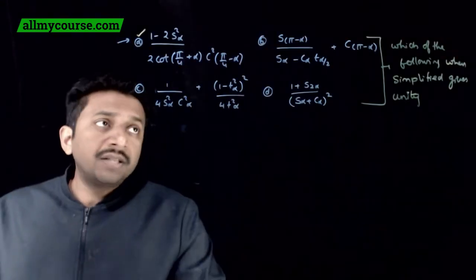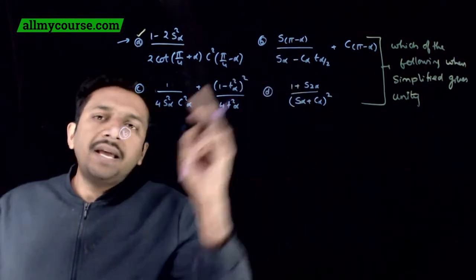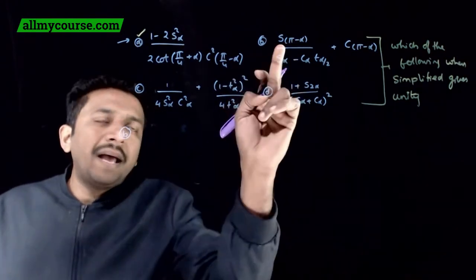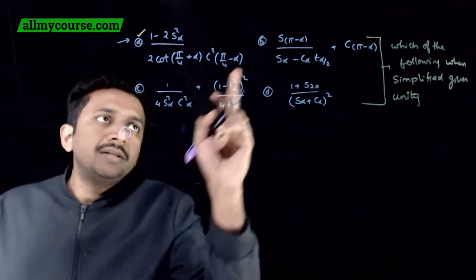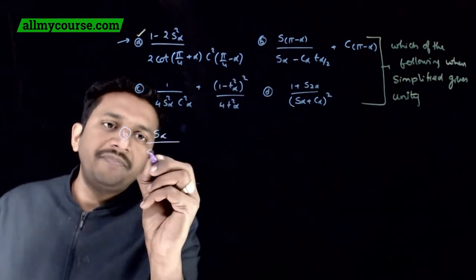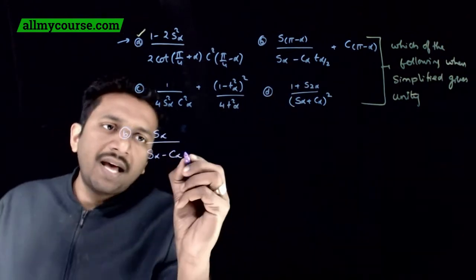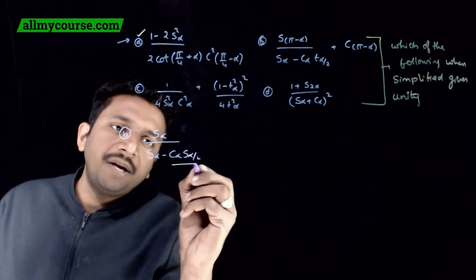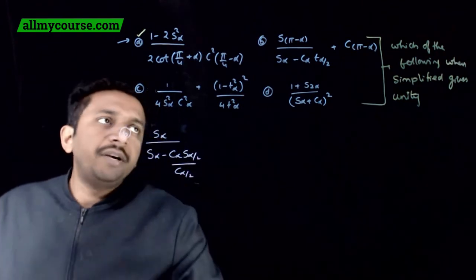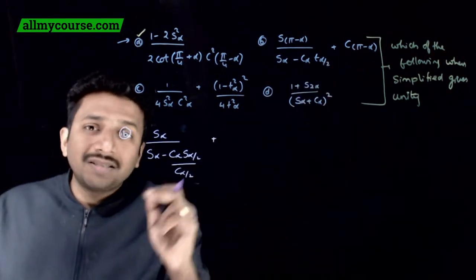So now let us go to the second option. So option B. So sin of pi minus alpha. Pi minus alpha lies in the second quadrant. So sin of pi minus alpha is sin alpha divided by sin alpha minus cos alpha into tan alpha by 2, which is sin alpha by 2 by cos alpha by 2, plus cos of pi minus alpha. Pi minus alpha lies in the second quadrant.